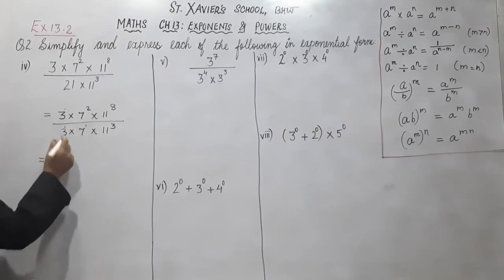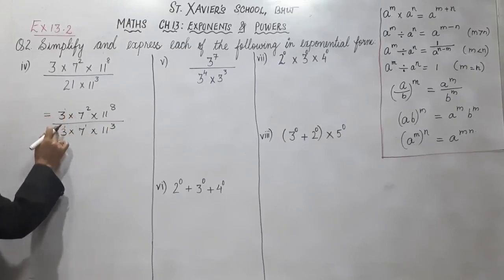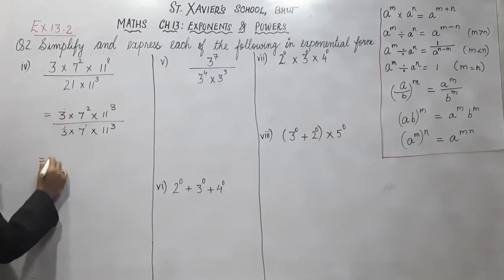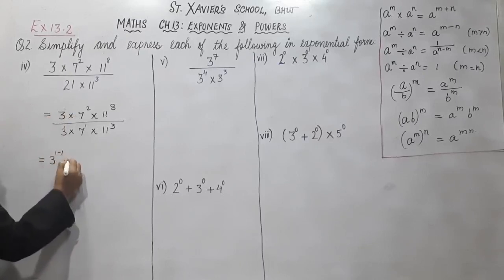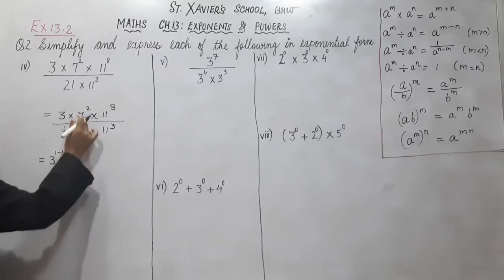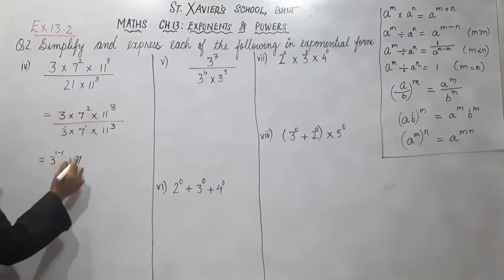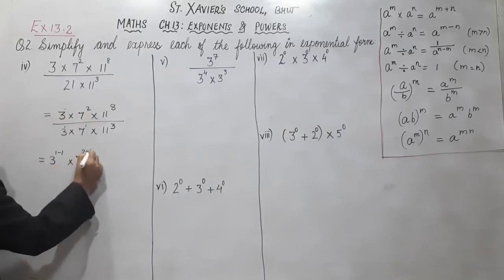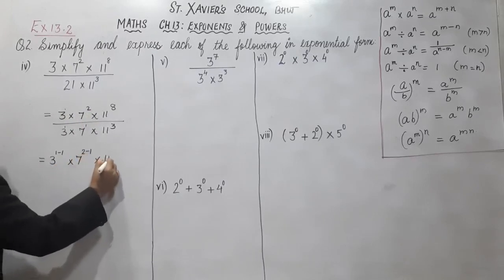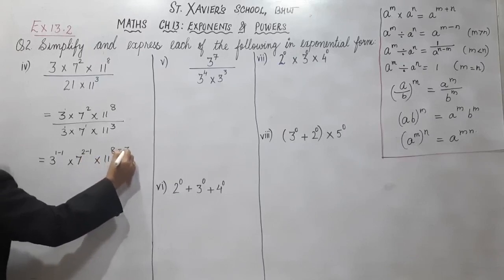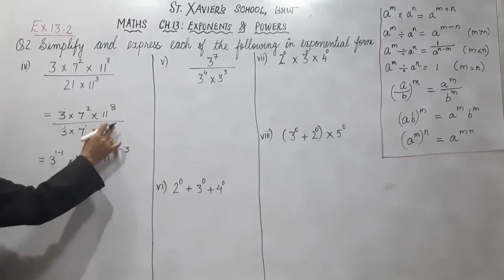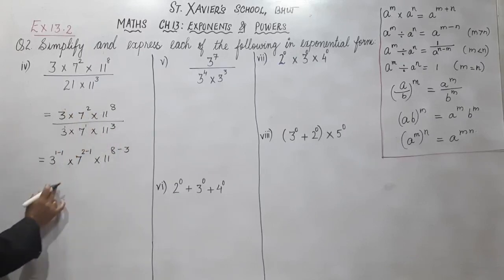So what we have to do? 3 raised to 1 divided by 3 raised to 1 is equal to 3 raised to 1 minus 1 into 7 raised to the power of 7 is greater in the numerator. So 2 minus 1 into 11 raised to 8 minus 3. Here the denominator's powers are smaller than the numerator's power.